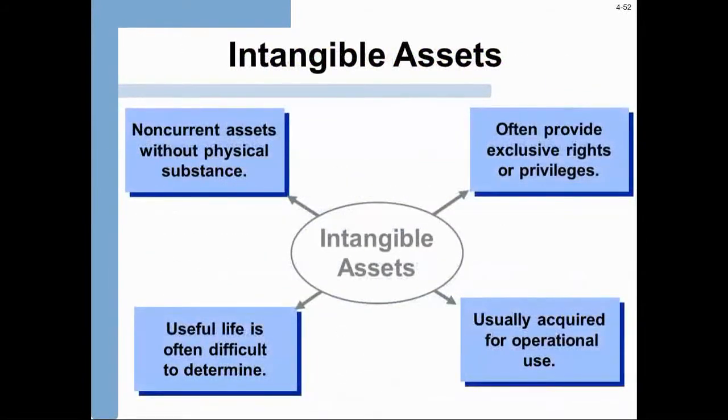We are going to discuss now intangible assets. And the intangible assets, as you already know, include goodwill, patents, copyrights, and other kinds of assets which we cannot touch. These are non-current assets. These often provide exclusive rights or privileges, for example, software copyrights.